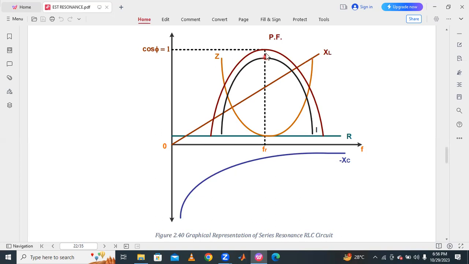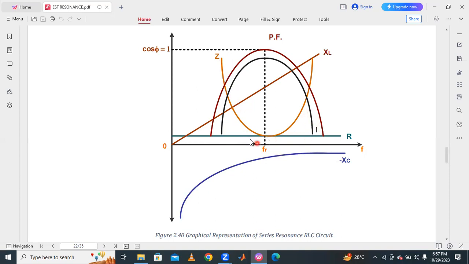Below resonance and above resonance the current is less because the impedance is more. Reactance is added to the resistance. Here impedance is less, and here impedance is more, that's why current is less.